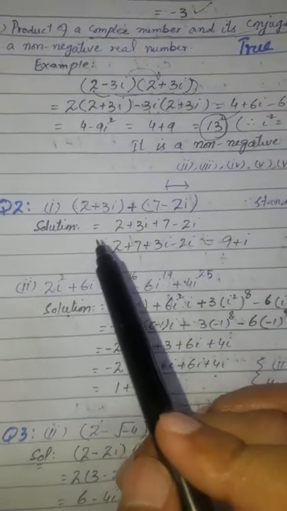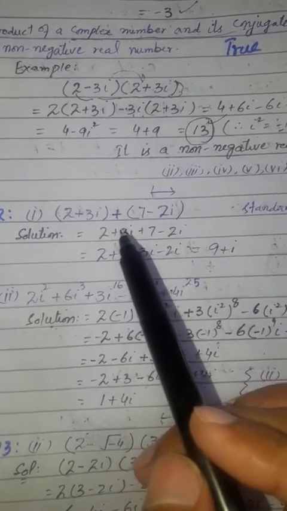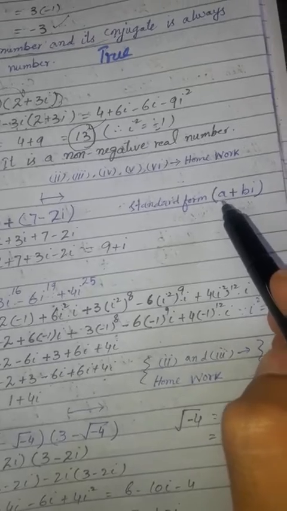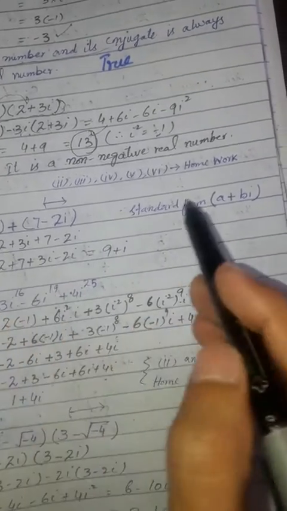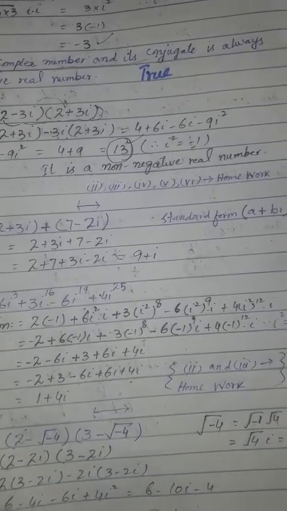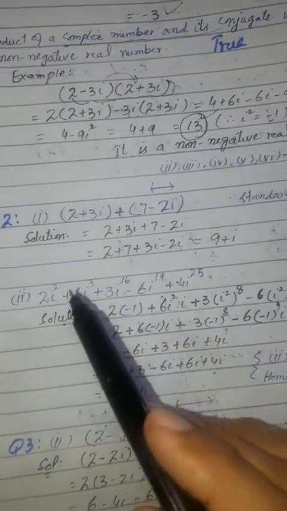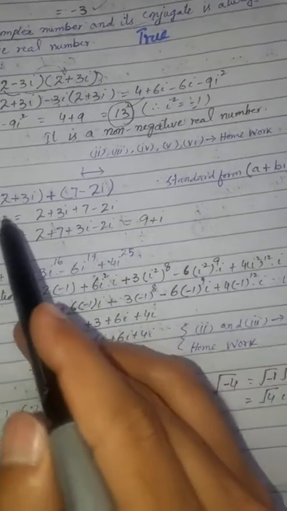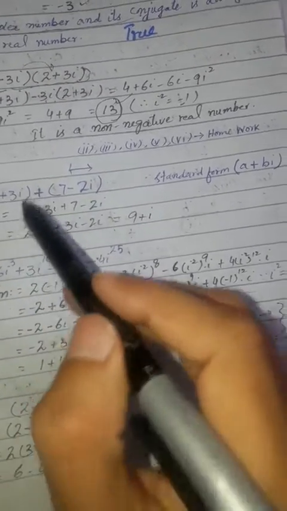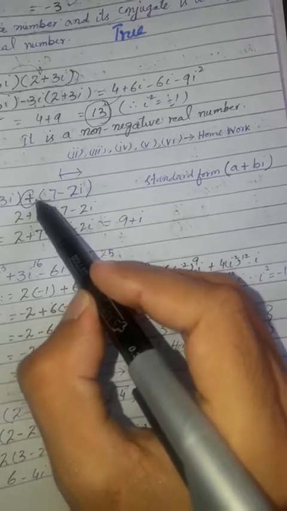Question number 2. Quiz: express each complex number in the standard form. Standard form means you have to write the numbers after solving in the form of a plus b iota. So real and imaginary part must be separate, right? Now this is the first part, 2 plus 3 iota plus 7 minus 2 iota. Simply they are adding to each other, both complex numbers.